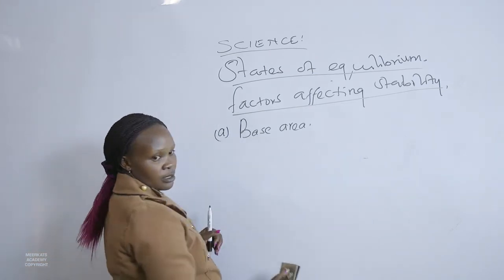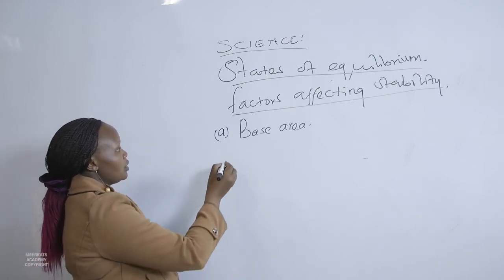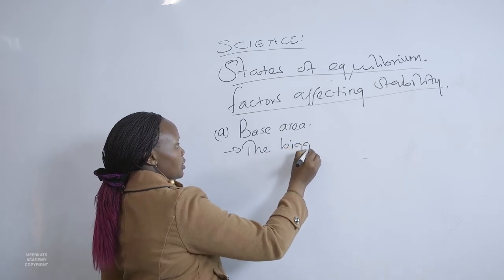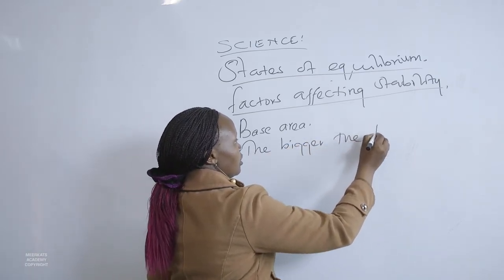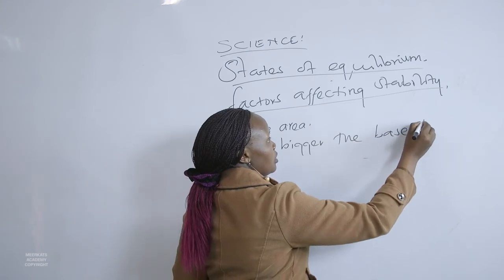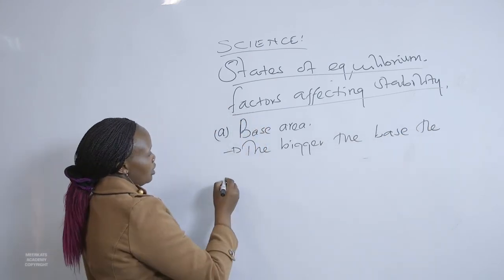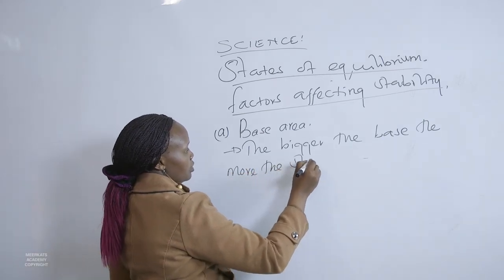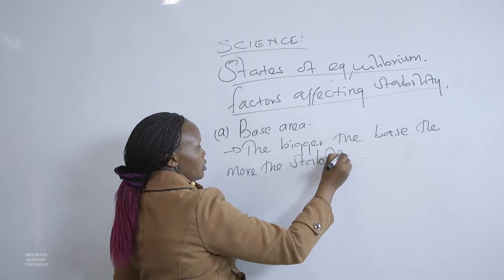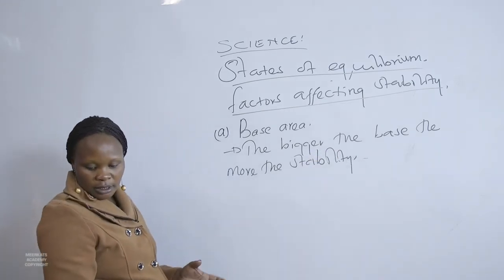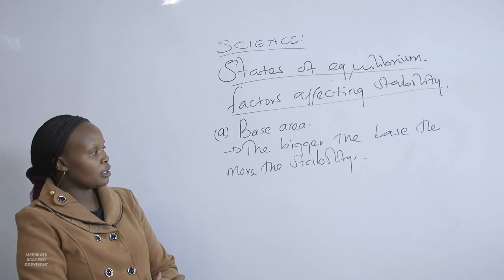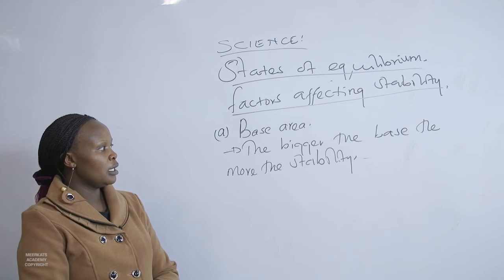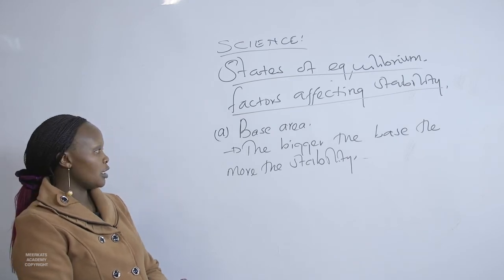We start with the base area, and here we know that the bigger the base, the more the stability. Why do we say that a big base will provide a more stable state?